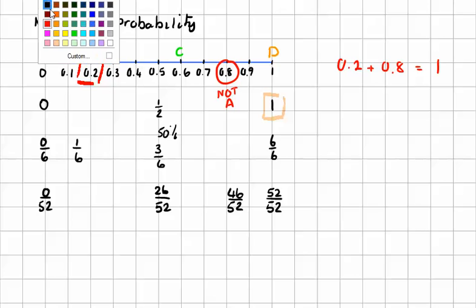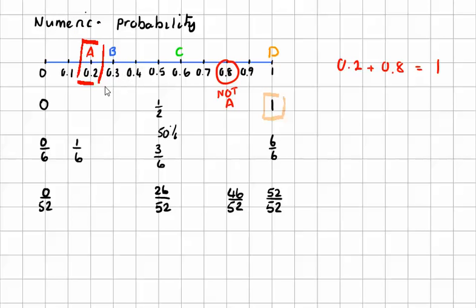If we have a look at B, B is 0.3, so the probability of not B is 0.7. So we have that there as not B, because 0.3 plus 0.7 is 1 as well.